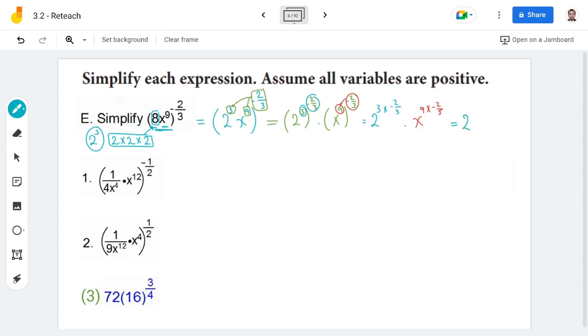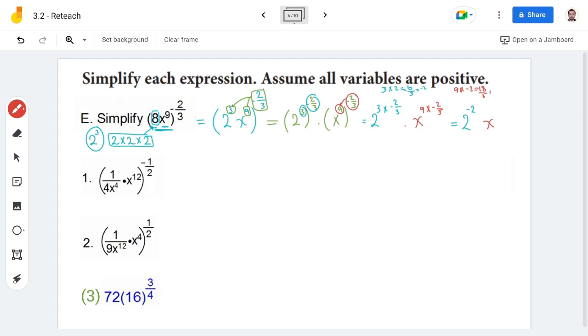So it will be 2 to the power of what? 3 times 2 is 6, 6 divided by 3 is negative 2. So 3 times 2 equals 6, divided by 3 with the negative, so it's negative 2. Now the other one, the x: 9 times negative 2 equals negative 18, divided by 3.